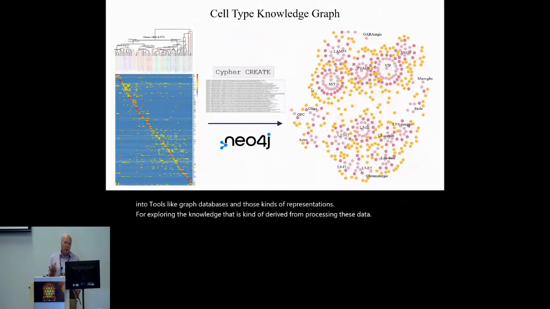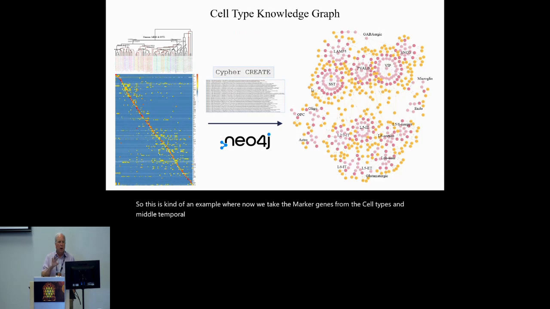This is an example where we take the marker genes from the cell types in middle temporal gyrus, and now we can convert that into a semantic network graph. In this case, what that allows us to do is understand the relationship between the different cell types that reflect the hierarchical clustering result.